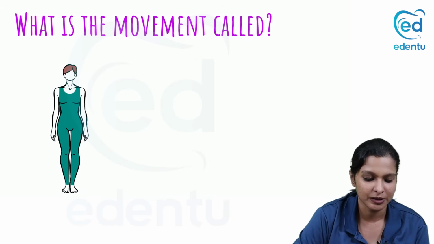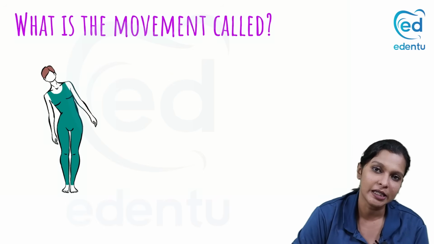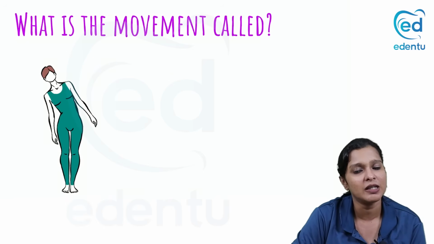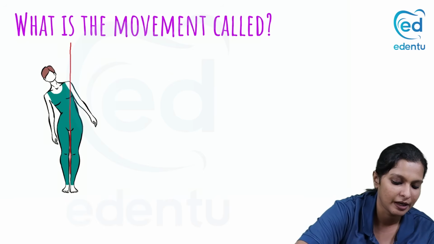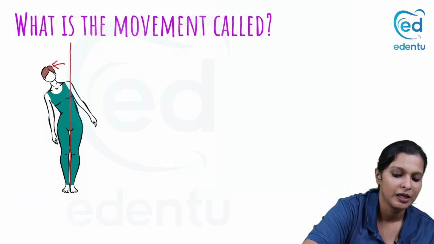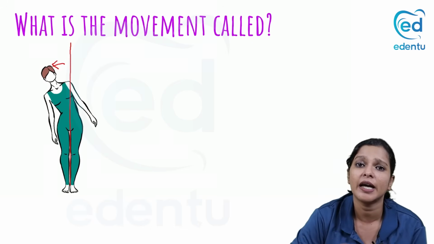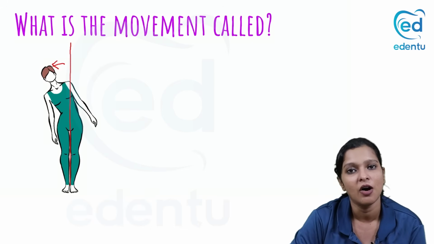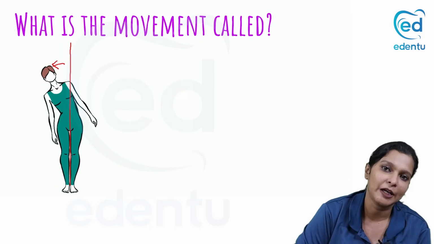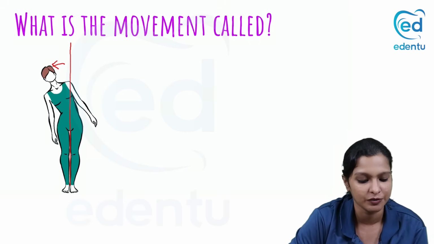This is just a person normally standing, right? When they tilt to one side, it is called lateral flexion. Now this is the midline, right? They're going away from the midline. So it is called lateral flexion. They can either laterally flex towards the right or towards the left side. It can happen on either of the sides.